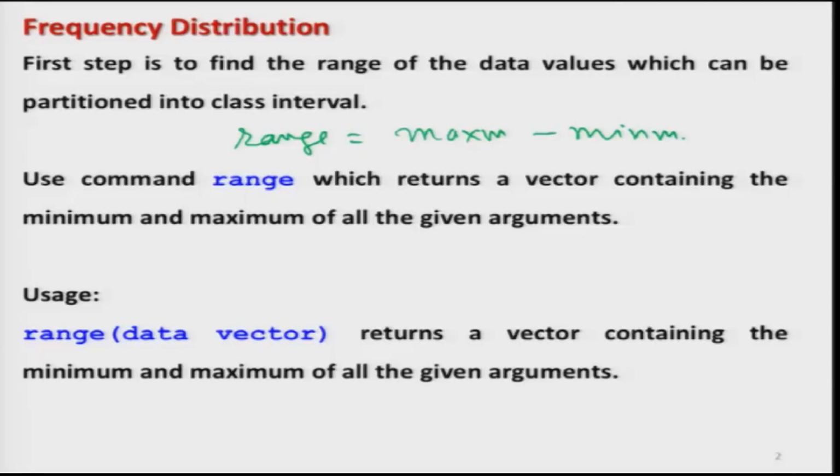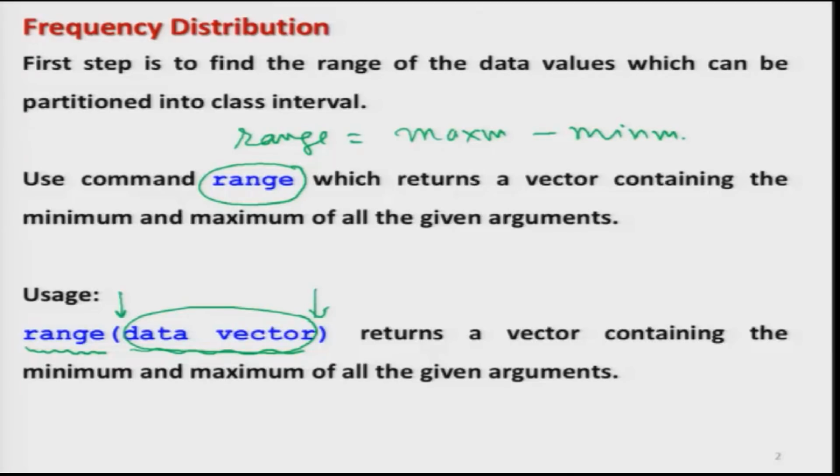In order to find the range, we have a command in R software, range. To use this, I have to give the name of the command, range, and inside the brackets I have to give the data vector. The outcome will be the minimum and maximum values of the data contained in this data vector. That is the first step.